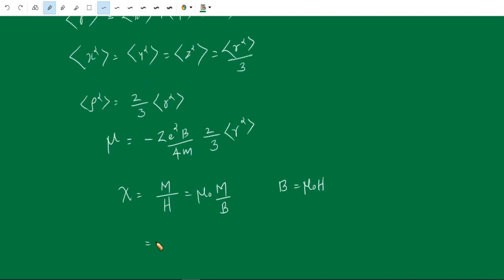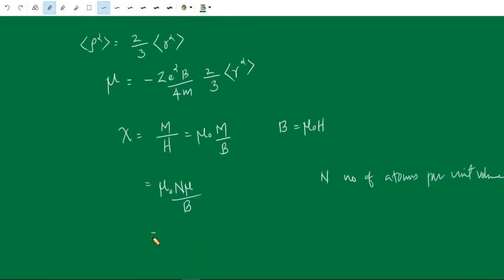If n is the number of atoms per unit volume, then the total magnetization M is equal to n times mu. Therefore chi is equal to mu 0 into n into mu divided by B, where mu is nothing but minus Z e square B divided by 6m into mean r square.